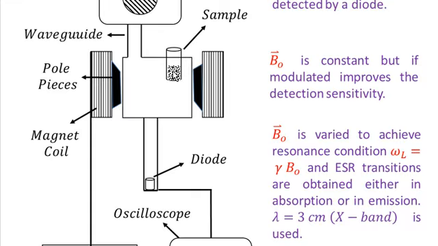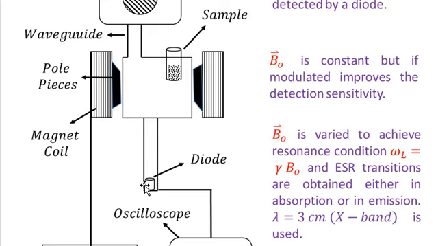So you apply the magnetic field, there will be two levels, there will be splitting of the levels in the sample, and then when the microwave energy matches with the energy gap between the two levels of the sample, then of course the microwaves will be absorbed, and the microwaves will reduce in strength, and then a dip is recorded in the diode.